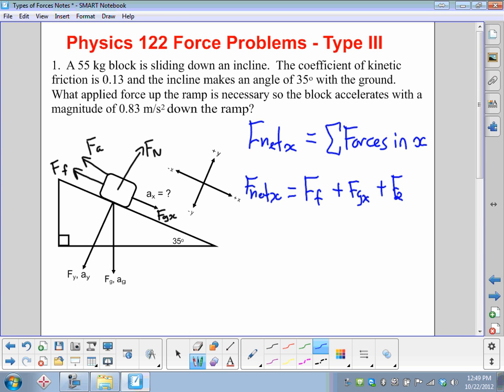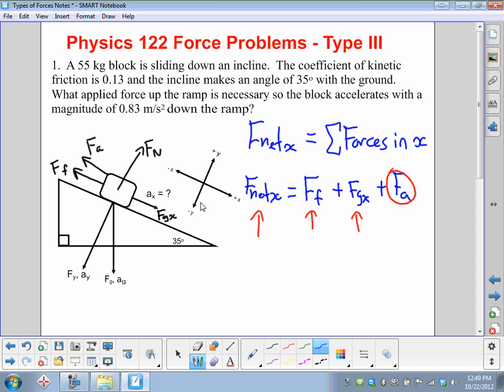So the applied force for this problem and the force of friction and that force, they're all along the x direction. So what we're trying to solve, I'll circle it in red, is the applied force. In order to solve for the applied force, we need to know what the net force is, we need to know what the force of friction is, and we need to know what the force of gravity down the ramp is.